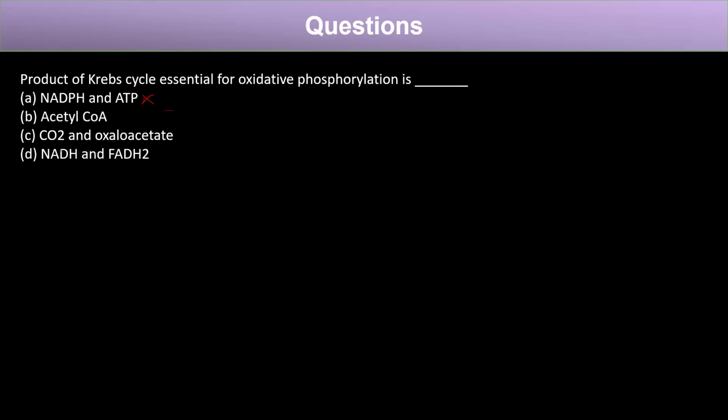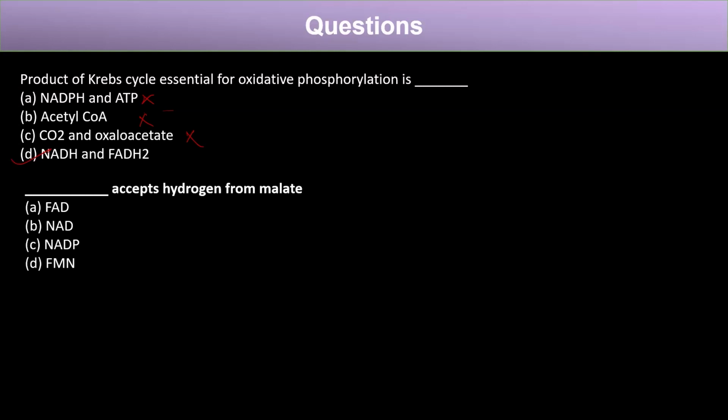Acetyl CoA is important in the Krebs cycle, but not in the oxidative phosphorylation. So this is incorrect. The next is CO2 and oxaloacetate. No, we did not involve these two. The next option is NADH and FADH2, and this is the correct answer, right? Because NADH and FADH2 lead to hydrogen ion or proton pumping and then formation of ATP.